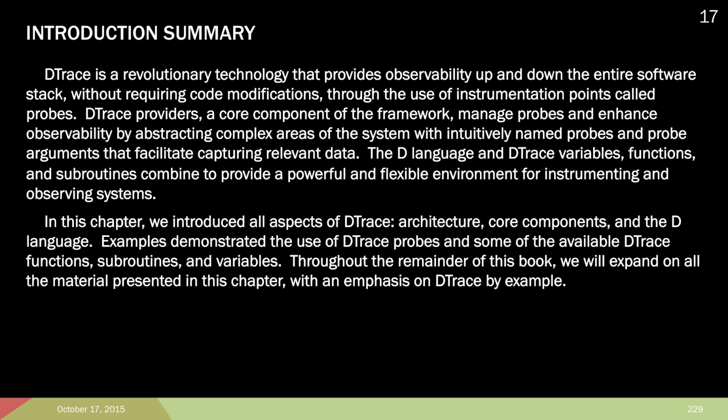The D language and DTrace variables, functions, and subroutines combine to provide a powerful and flexible environment for instrumenting and observing systems. In this chapter, we introduced all aspects of DTrace: architecture, core components, and the D language. Examples demonstrated the use of DTrace probes and some of the available DTrace functions, subroutines, and variables. Throughout the remainder of this book, we will expand on all the material presented in this chapter with an emphasis on DTrace by example.